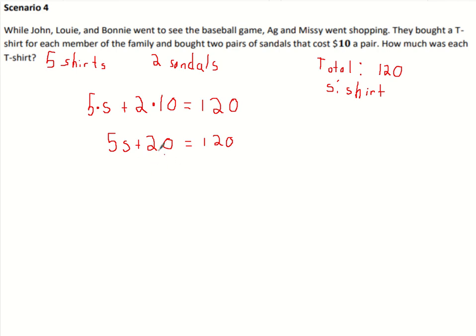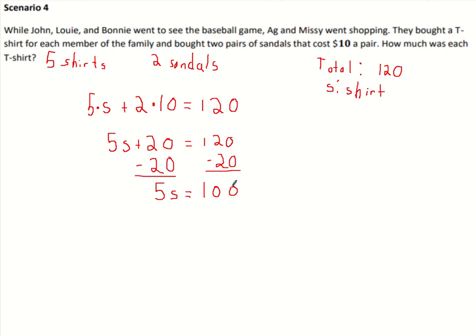But I don't care about this additional $20. I only care about the cost of 5 shirts. So let's get rid of this extra cost. Let's subtract 20. By subtracting 20, I now know that the cost of 5 shirts is going to be equal to $100.